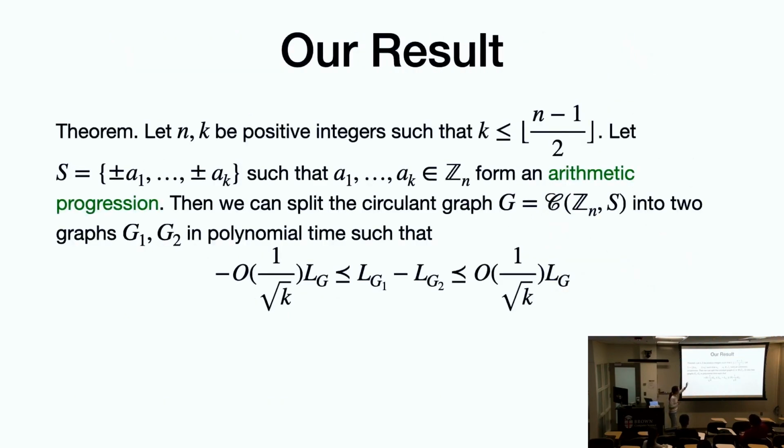We show that if all the generators, the elements in the generating set, form an arithmetic progression, then we know how to split the circulant graph into two subgraphs G1 and G2 in polynomial time, such that the difference between the Laplacians of G1 and G2 is upper bounded by some constant over root k times the Laplacian of the original graph, and lower bounded by the negative of this matrix.